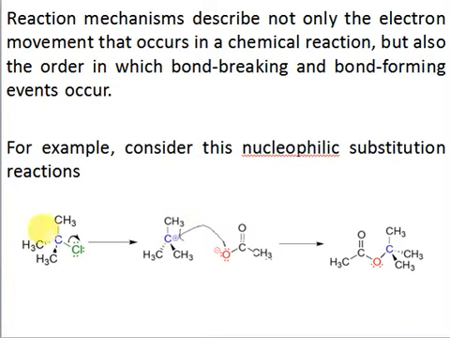So in the first step we broke the bond, and in the next step the bond is forming to form the product, right? So this is an example in which the reaction is occurring in two steps. Firstly we are getting a carbocation, and in the next step we are getting the attack of the nucleophile on the carbocation that was formed.